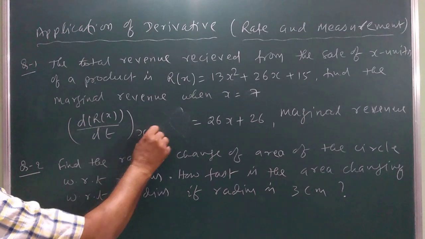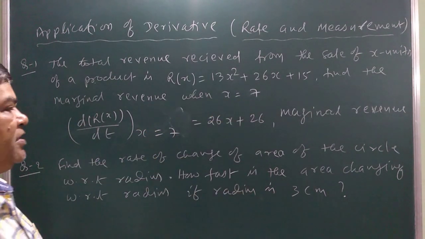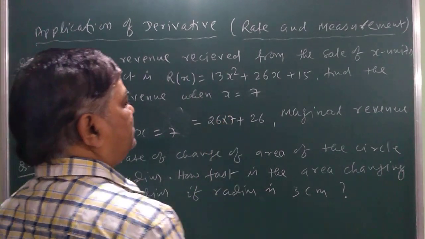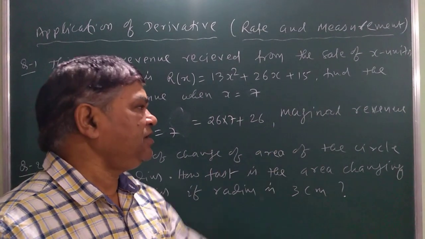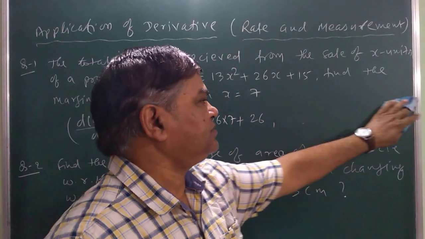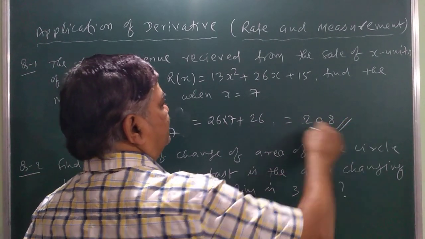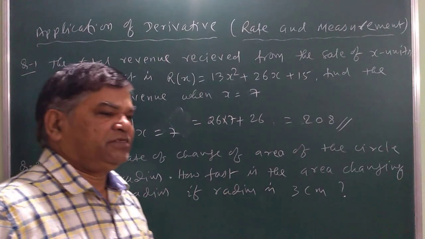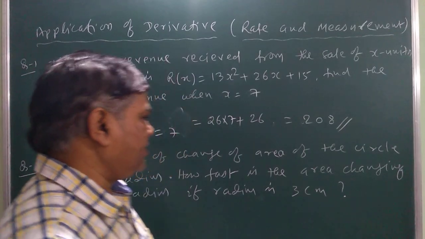Since x is given as 7, you put 7 here and the result you find is your marginal revenue. This marginal revenue is nothing but 208 when you calculate it. So this is about marginal cost and marginal revenue.